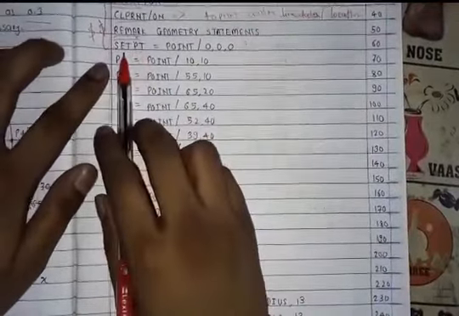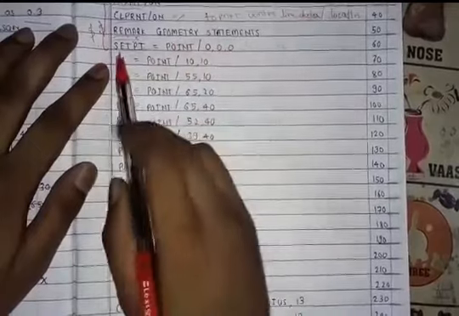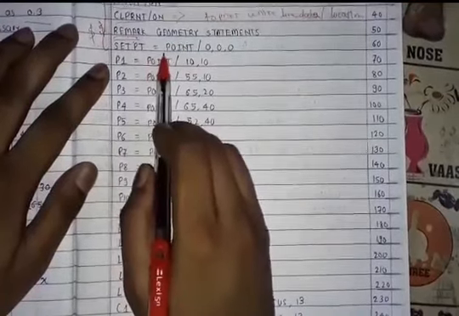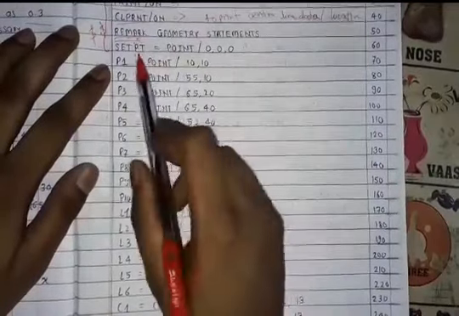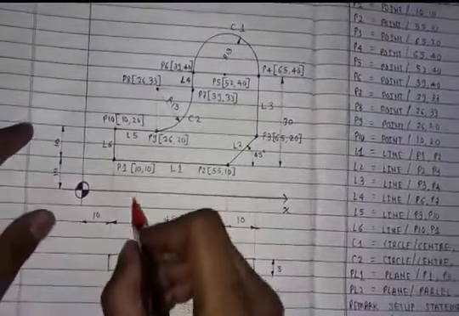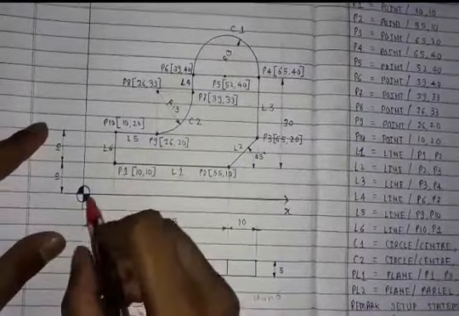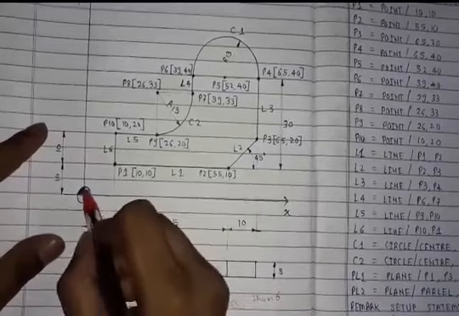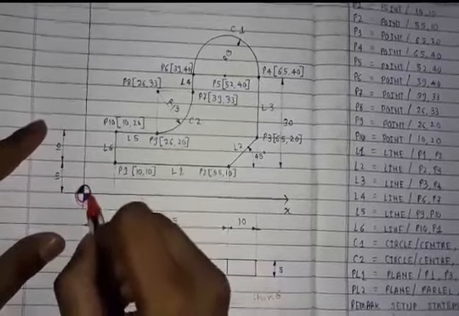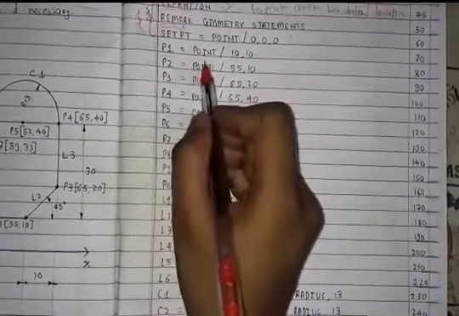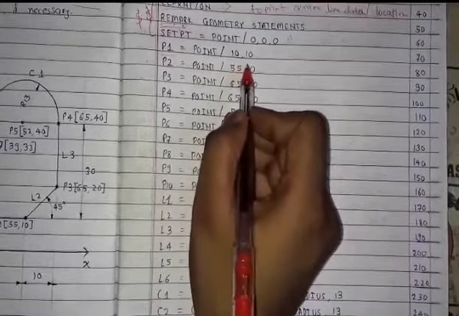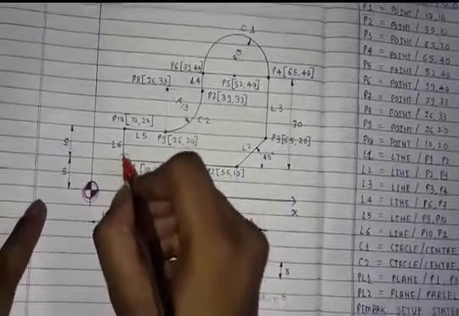Now start with the geometry statements. SET is equal to POINT/0,0,0. This statement shows the cutter point, the initial point, that is this point. Next is P1 is equal to POINT/10,10, that is this point.